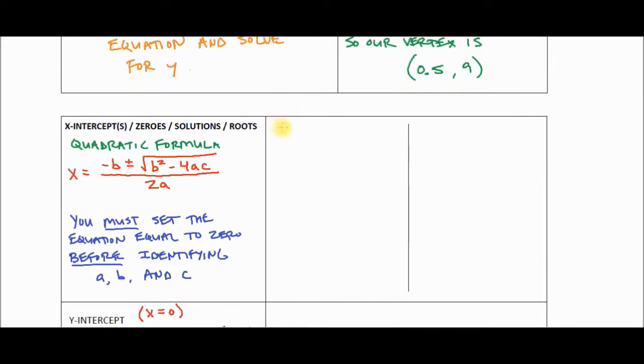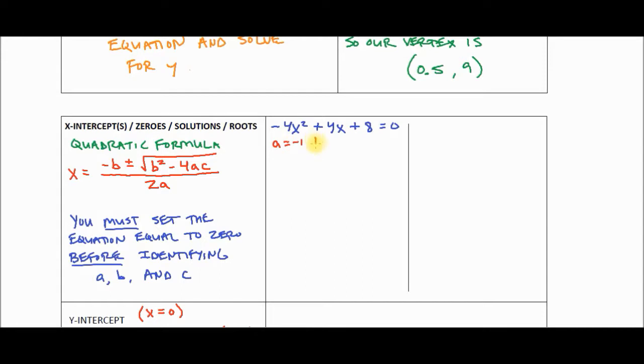So we're going to write the equation this way: negative 4x squared plus 4x plus 8 is equal to 0. Now we're going to find the x values that make this equation true, and those will be our x-intercepts.